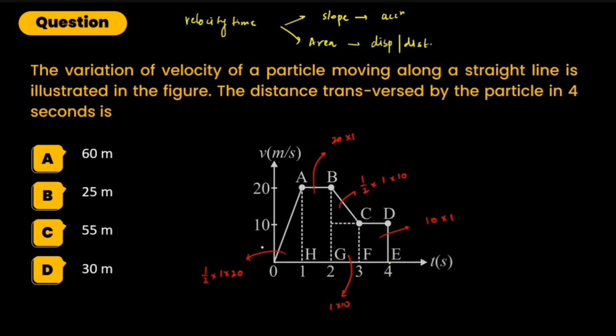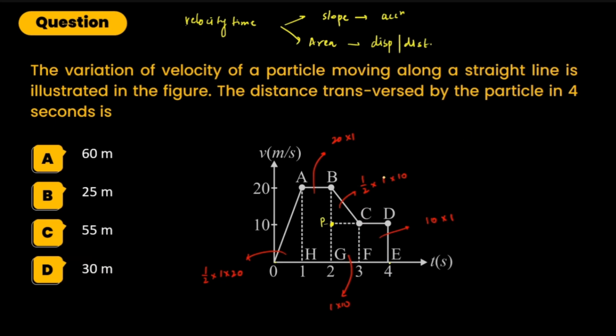Then BC, or I assume this point to be some P. So BCP is going to be again a triangle, so it is going to be half into 1 into 10. Then PCFG is again going to be a rectangle, so it is going to be 1 times 10. Then last, CDEF is again a rectangle, so ultimately we'll get 10 times 1.